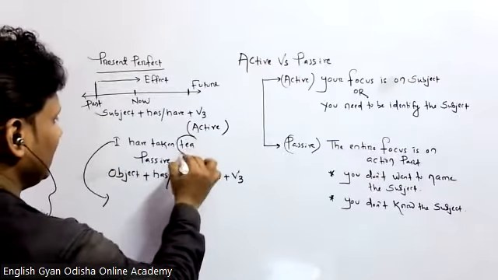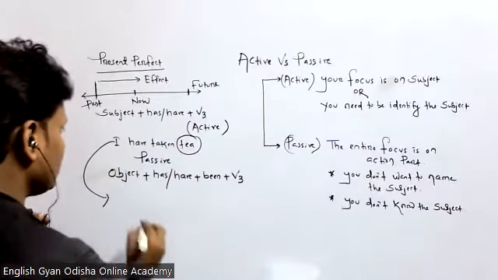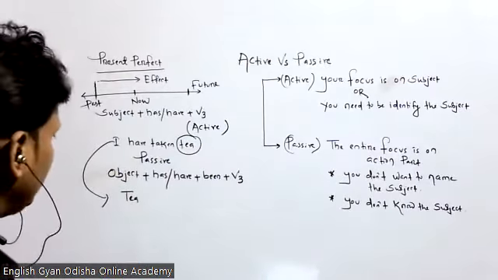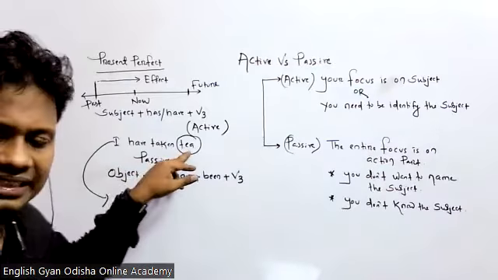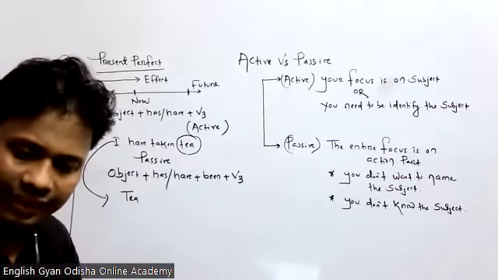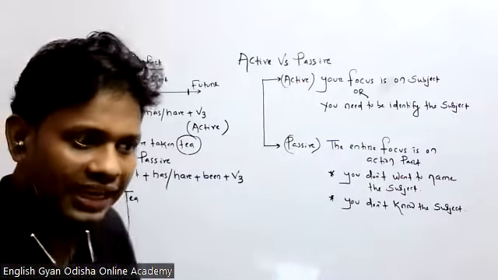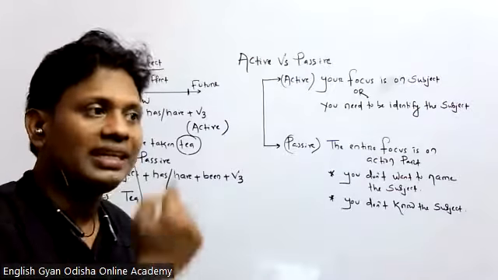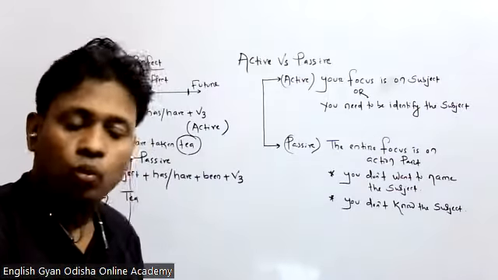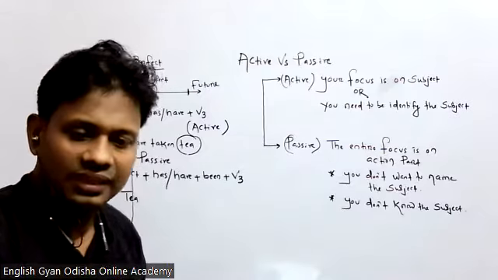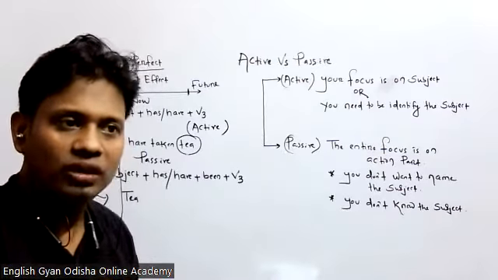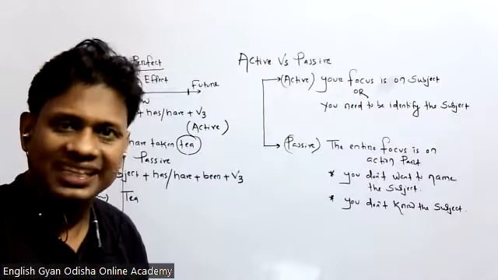Here, tea is the object part. I can say tea, has or have. Tea is singular. You can say tea, water, something like that. These are called singular.